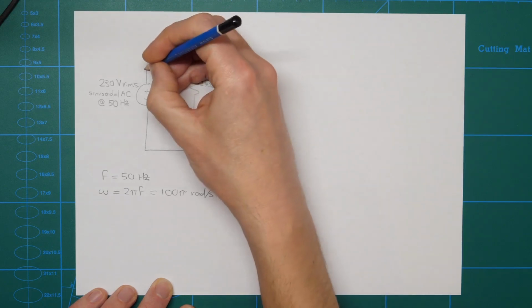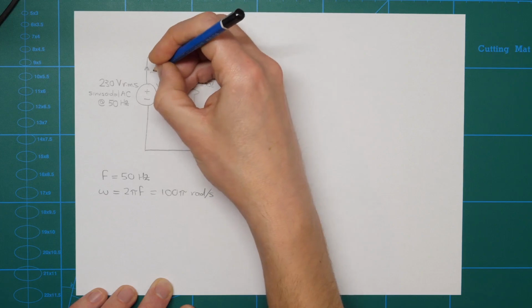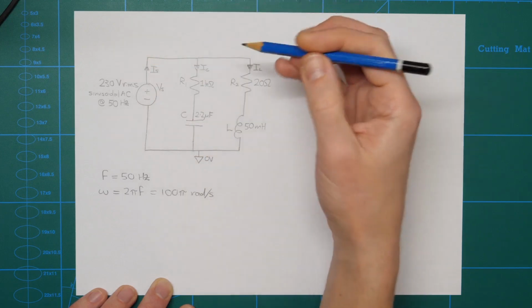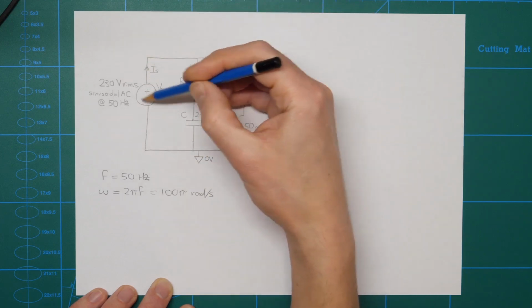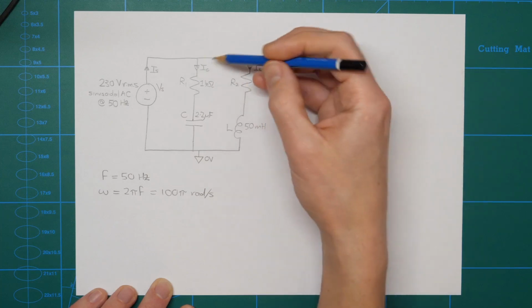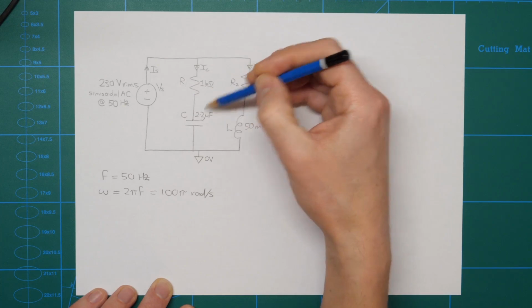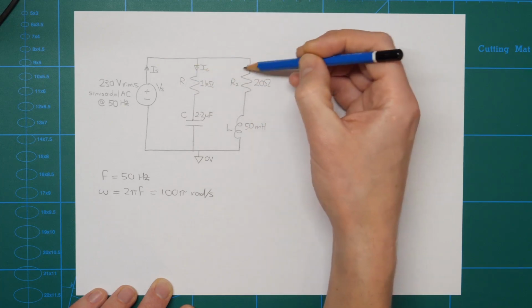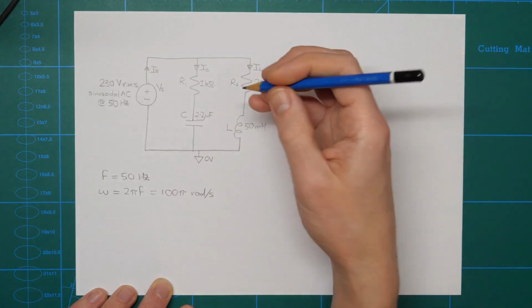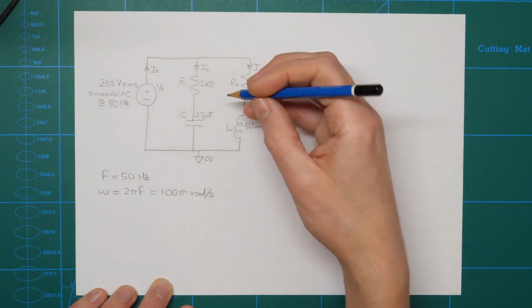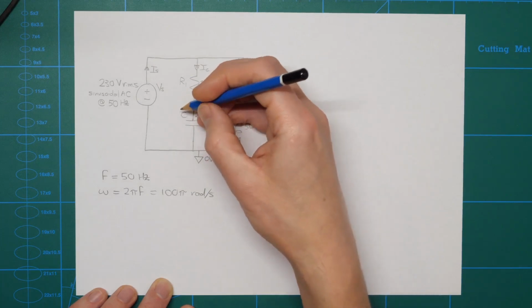And I suppose I might as well add in another phasor here. I'll just call this IS. This is the current actually coming out of the voltage supply here. This current is going to split into two and go down the two different branches, so the sum of these two should be equal to IS. I'm also going to add in some additional voltage phasors.